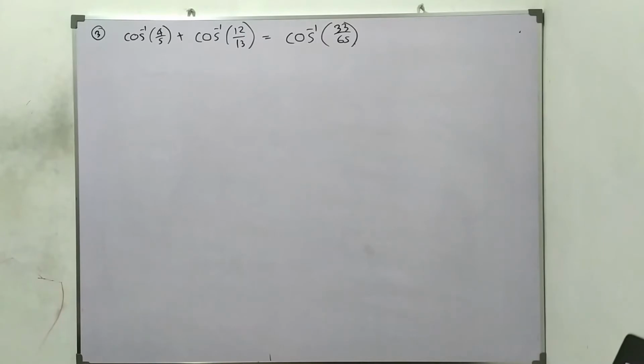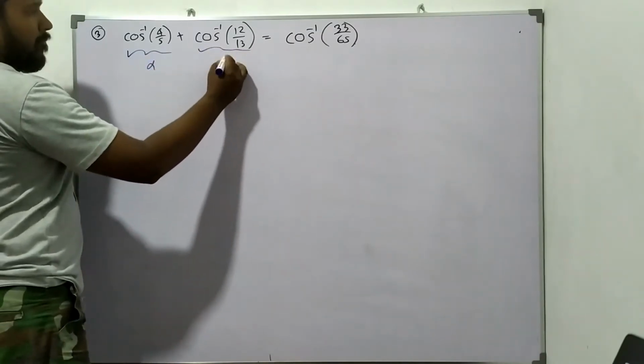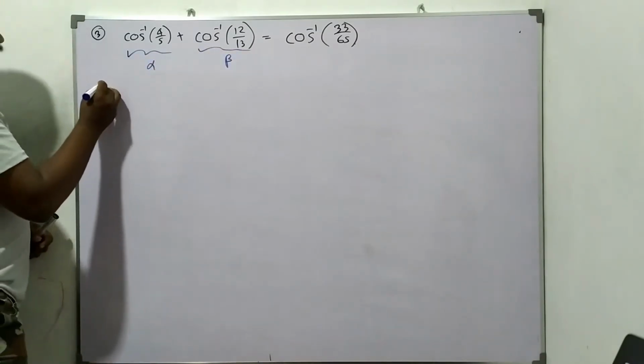Okay, this is my third example. Cos inverse 4 over 5, cos inverse 12 over 13.